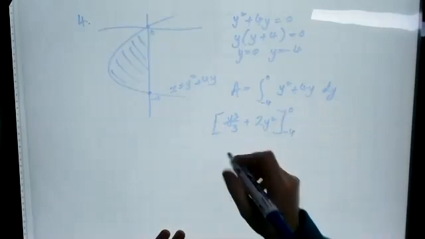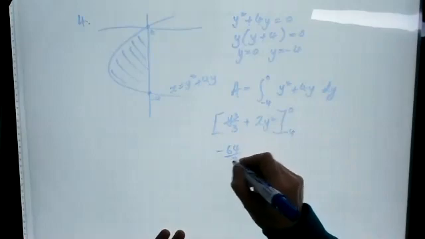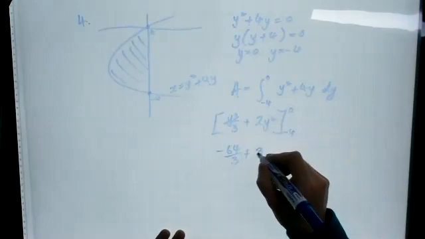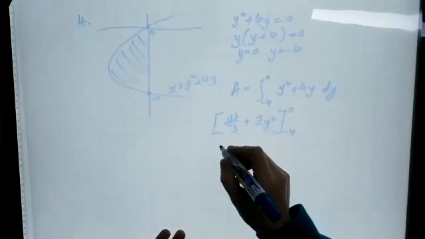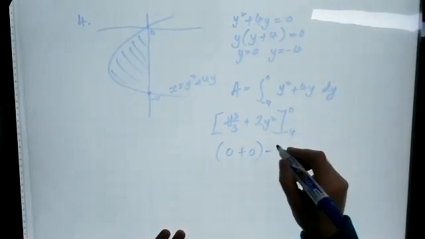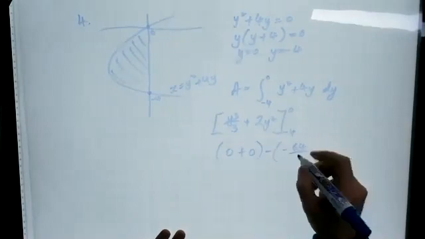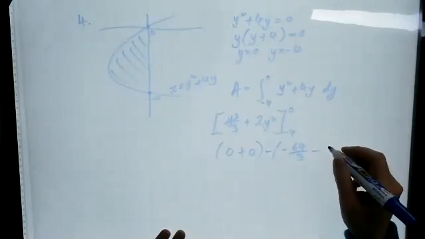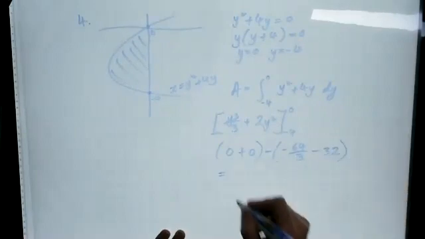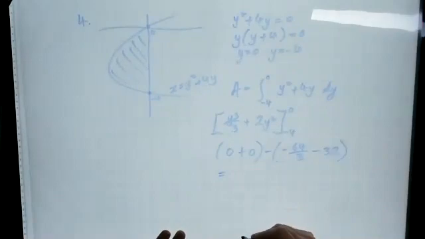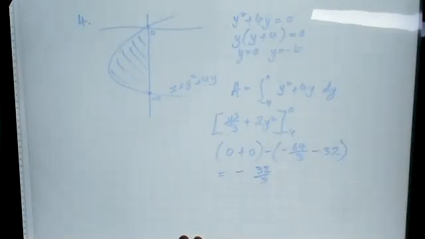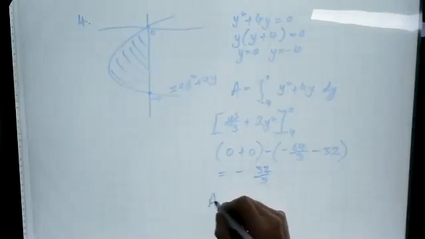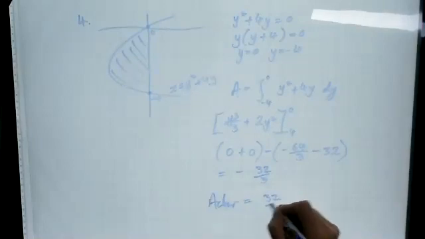Then you have 0 plus 0 minus, and then minus k over 3 minus the terms, which is going to be 3. So very straightforward. Are you okay, Lashin?